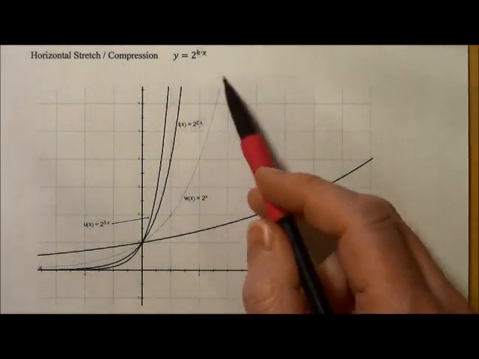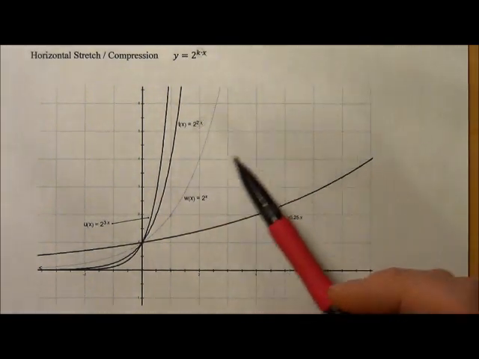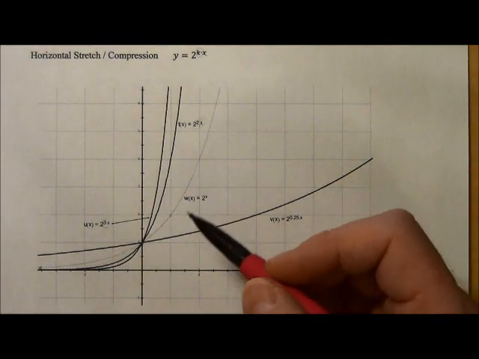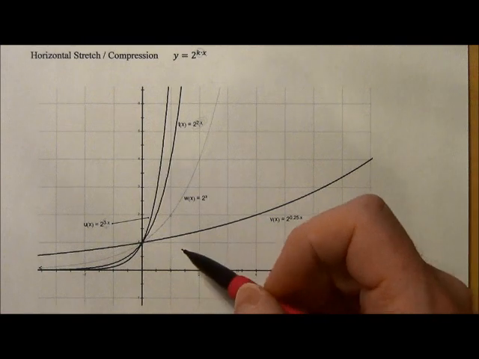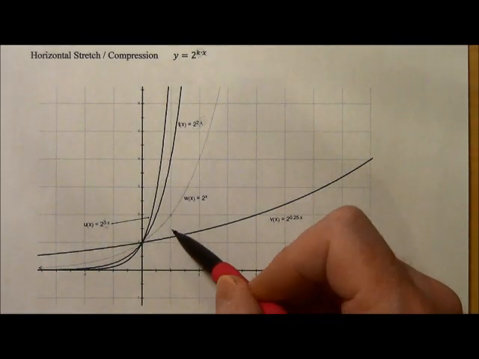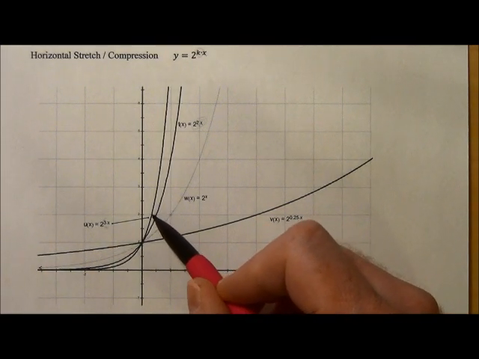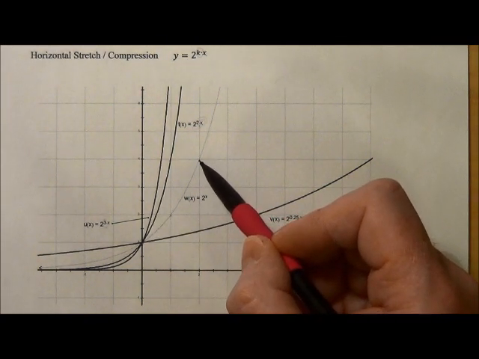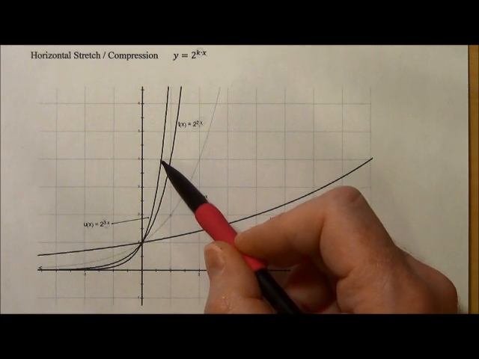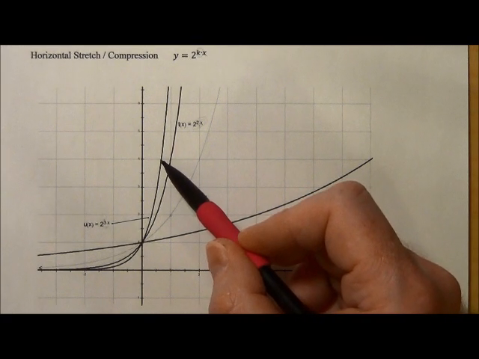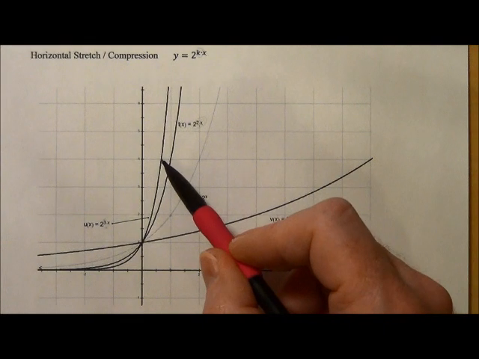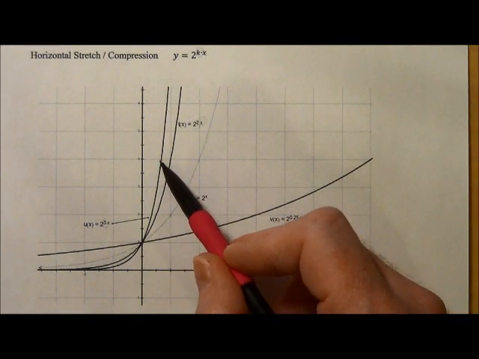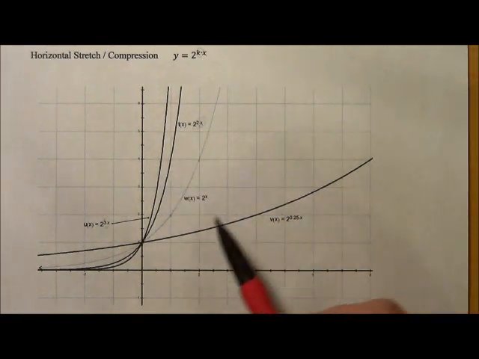And we could continue on, but we've run out of room at the top here. This function of y equals 2 to the 3x, same kind of idea. The point of 1, 2 becomes 1/3, 2. This point of 2, 4 becomes 2/3 and 4, because we're dividing all the x coordinates by 3. So it just gets compressed 3 times.